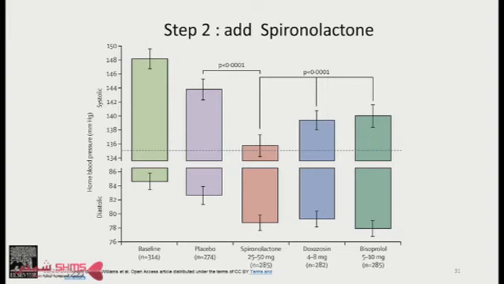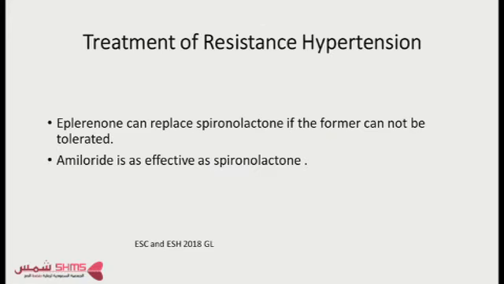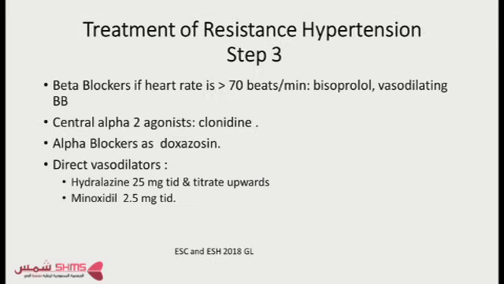We already had the evidence from long ago, but now we have the PATHWAY-2 trial, which really confirmed that spironolactone, among these drugs, is the one that reduces blood pressure the most in resistant hypertension. Now, if the patient is allergic or cannot tolerate the side effects of spironolactone, the alternatives are eplerenone or amiloride.